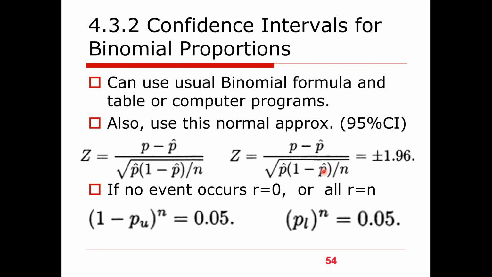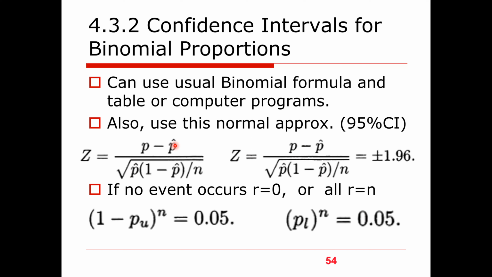Remember, when the sample size n is large enough and the success rate p, or failure rate p, is small enough, we can use the normal distribution to approximate the binomial distribution, right? And the mean is the estimated p.